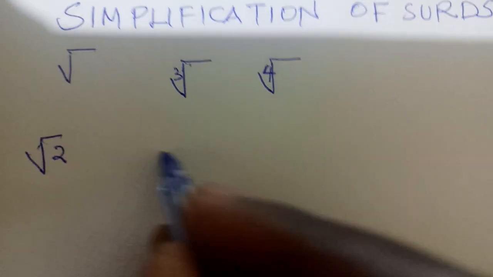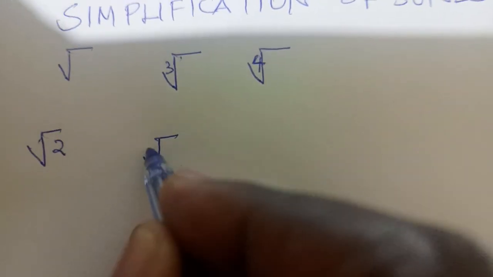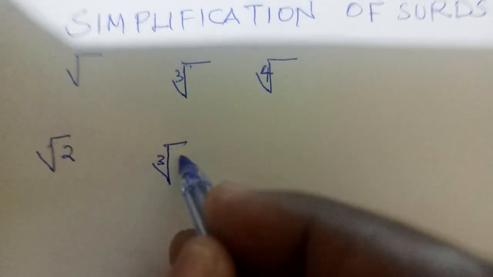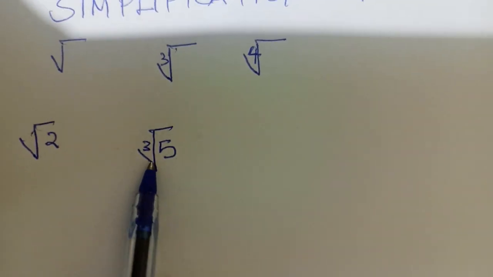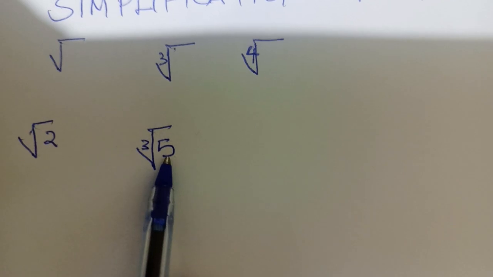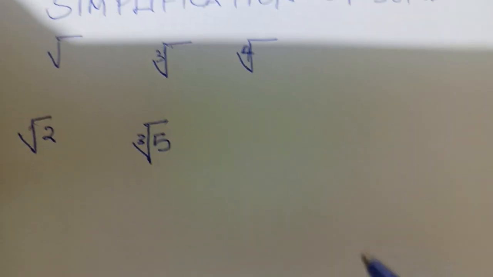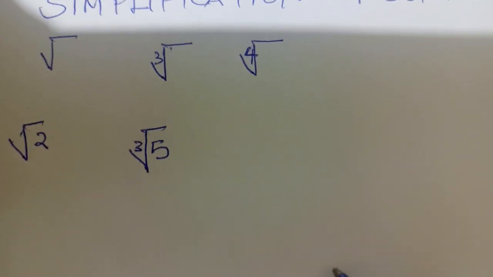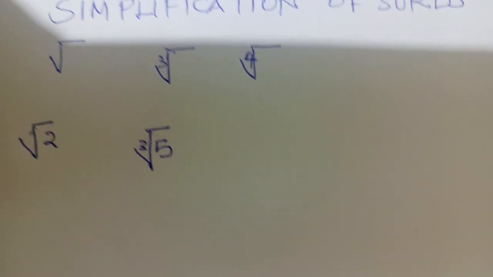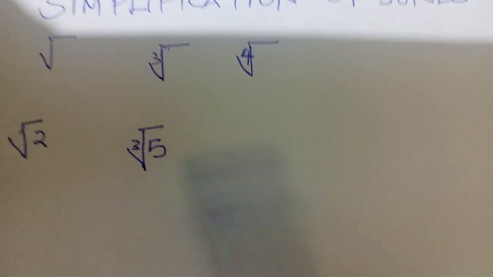On the other hand, if we had a cube root, let's say, of 5, this is not exact. We can't get the exact value. It will be some value with a number of decimal places, even recurring.